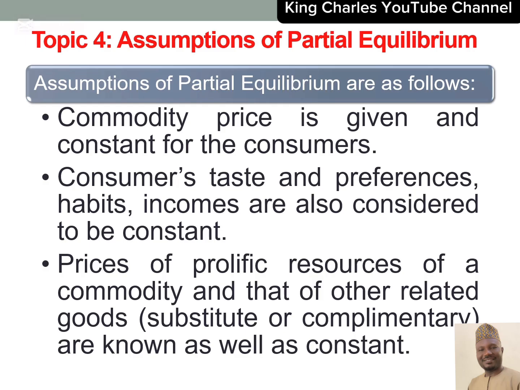Then the prices of resources or other related commodities are known and constant. This is another assumption, because if the prices of other related commodities, both substitute or complementary, are not constant, it means they can affect your choice and destabilize the equilibrium position.